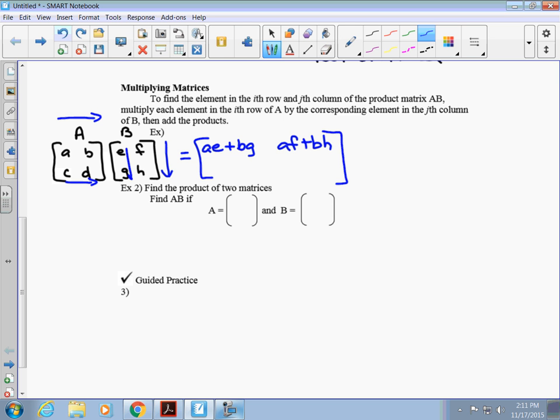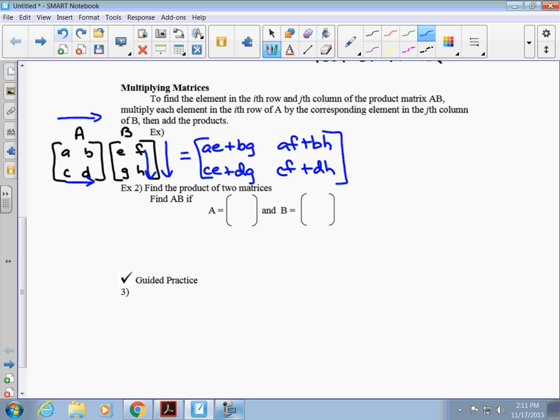Again, we go across, so it's going to be CE plus DG. And then for row 2, column 2, we go across and down. So it's going to be CF plus DH. And so that's how we would do the multiplication of two matrices.